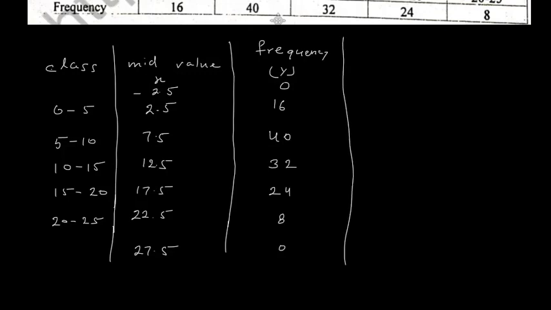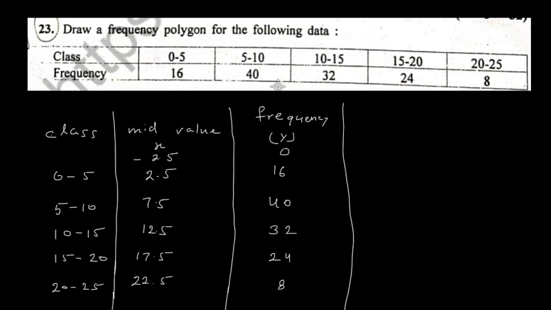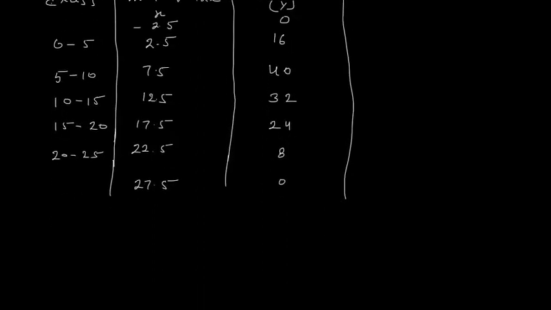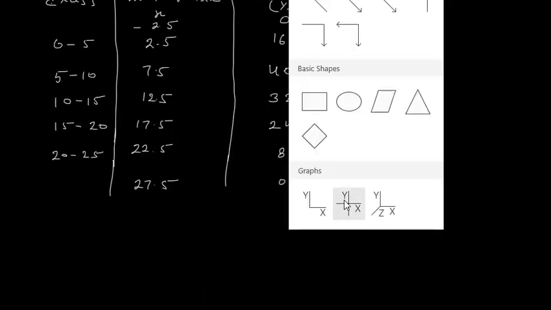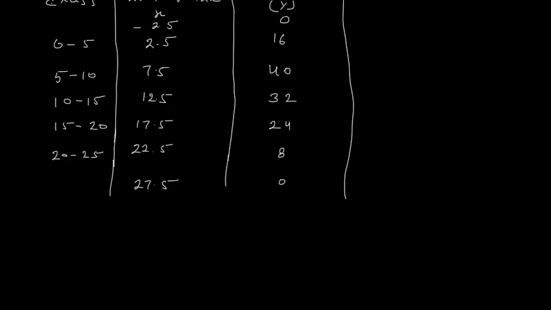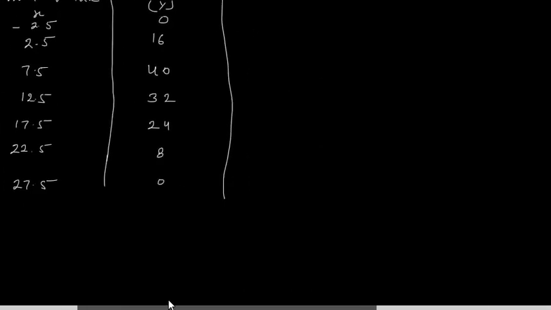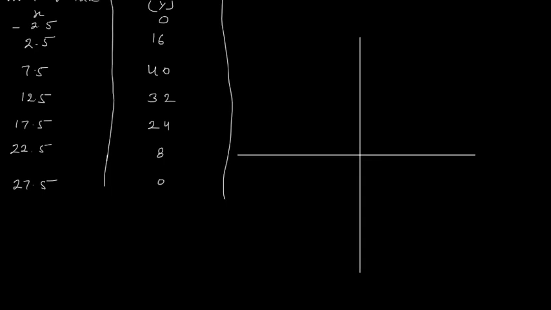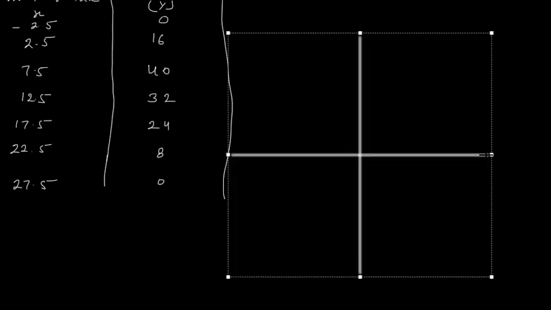Okay, we have to draw the frequency polygon. So now we will draw it on the graph paper. Let us take one graph. Better I will use this side to plot the graph. Now in the graph we don't have negative values.